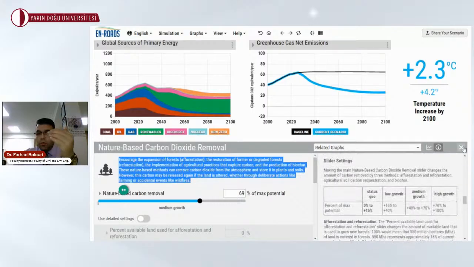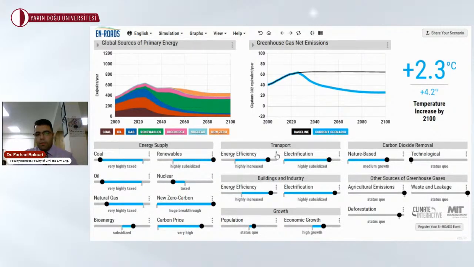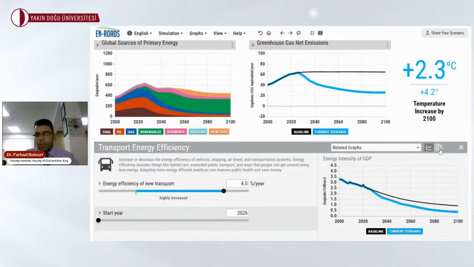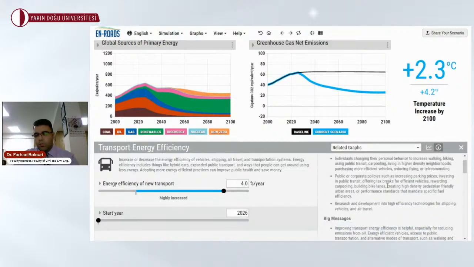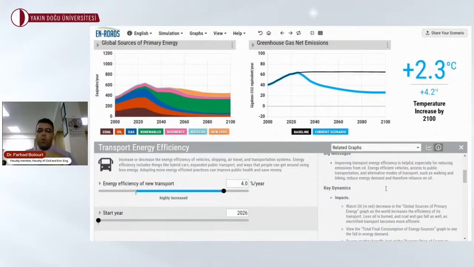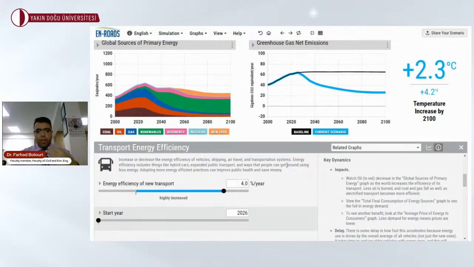You see that you have this for all of them. If you click on the triple dot and then the information part, you have this information for all of the policies, which helps you see what is important and what it means.